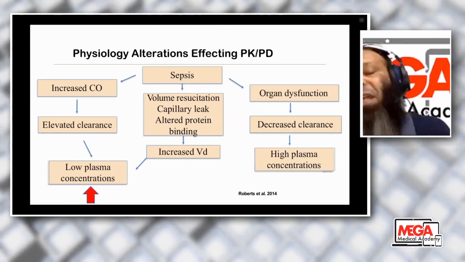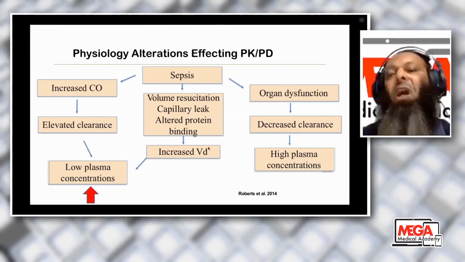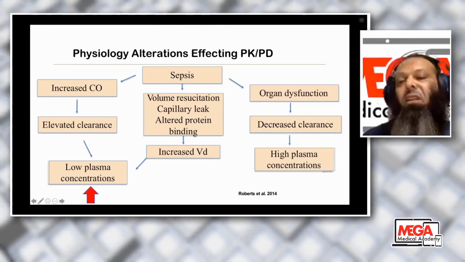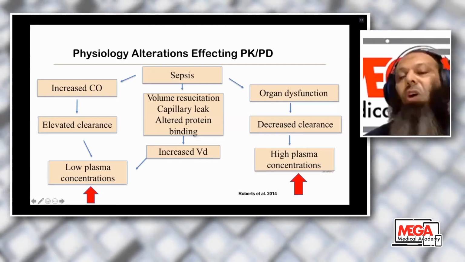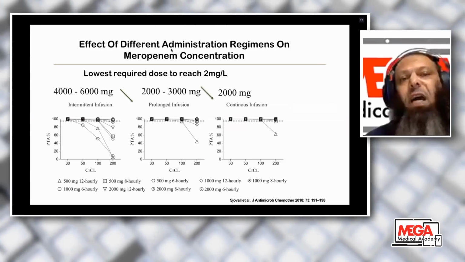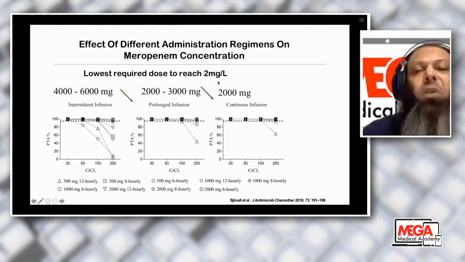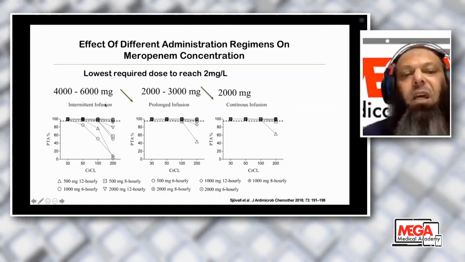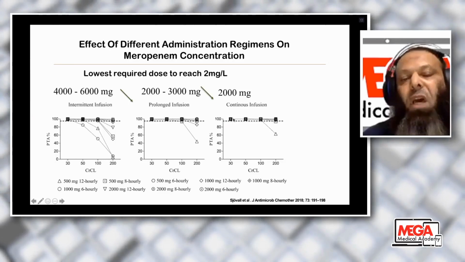On the other hand, if you have sepsis or septic shock with its sequelae, which is organ dysfunction, renal failure, liver failure, this will decrease the clearance and lead to high plasma concentration. This is the effect of administering meropenem with different protocols: intermittent infusion, prolonged infusion, or continuous infusion.